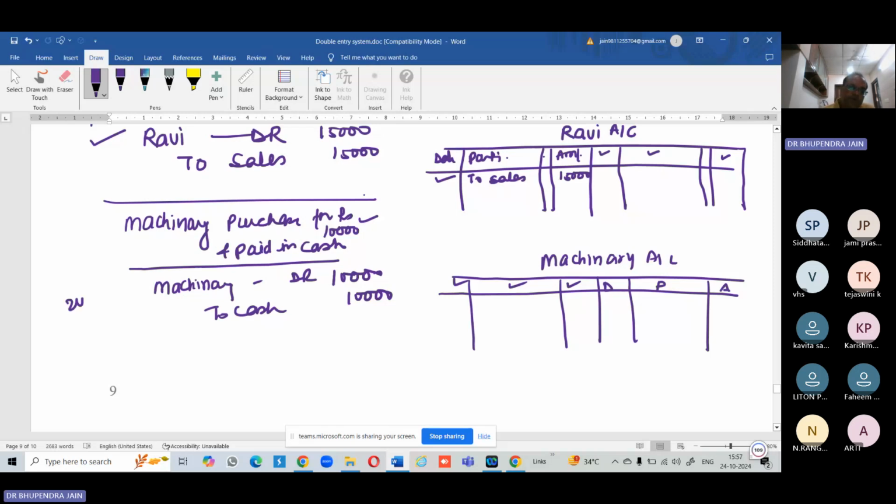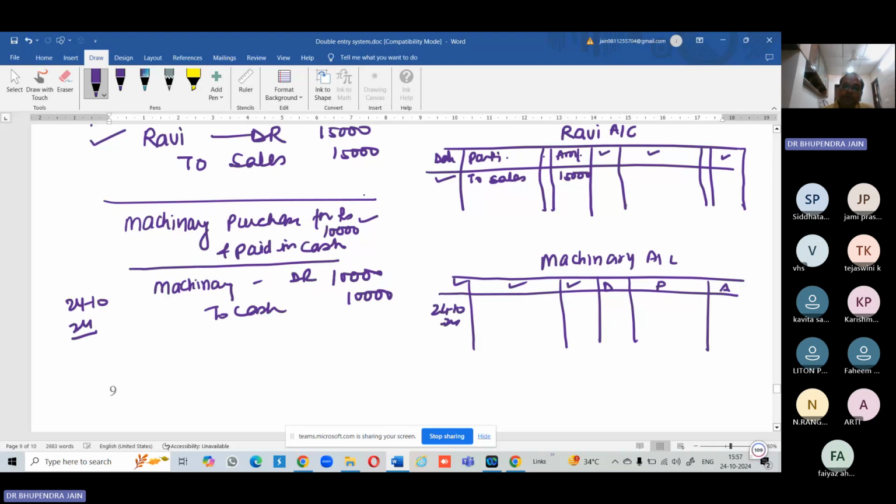Suppose the date is the 24th of October 2024. ठीक है, यहाँ क्या लिखेंगे डेट बेटा? 24 October 2024. To cash, how much? 10,000. Now post such entry in the credit ledger. Sorry, in the cash ledger. In the cash ledger we have already created. This is the cash.